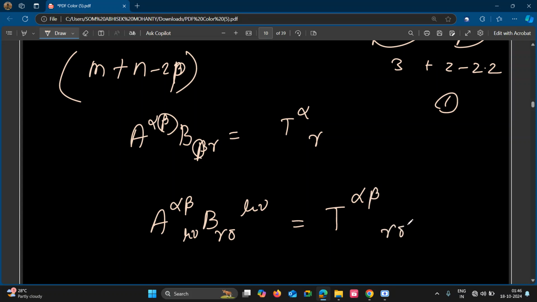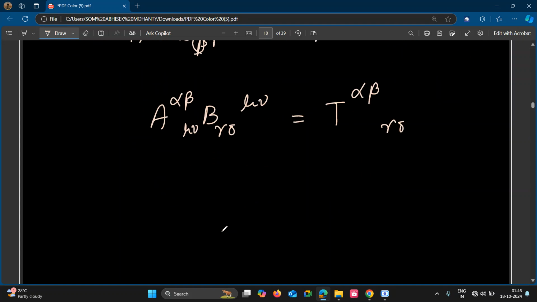Now I think you are starting to enjoy it. It's not that hard. Beta beta cancel. Just think of it as cancelled out. Don't think about any technicalities. Always try to understand in your own way. Let's try one more. A alpha beta gamma, B beta gamma.